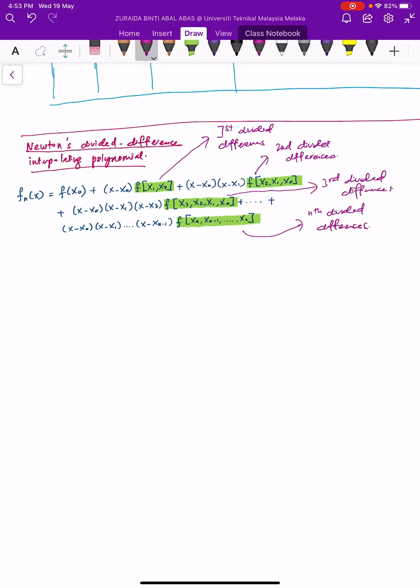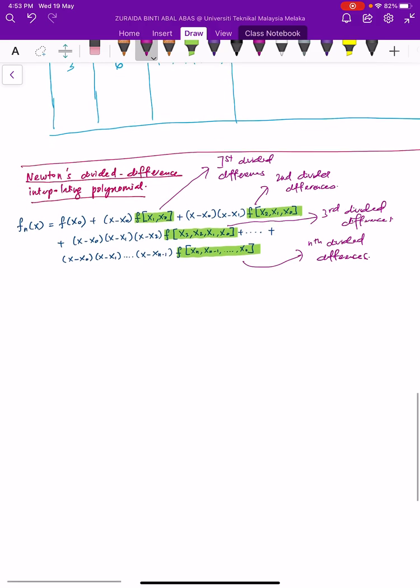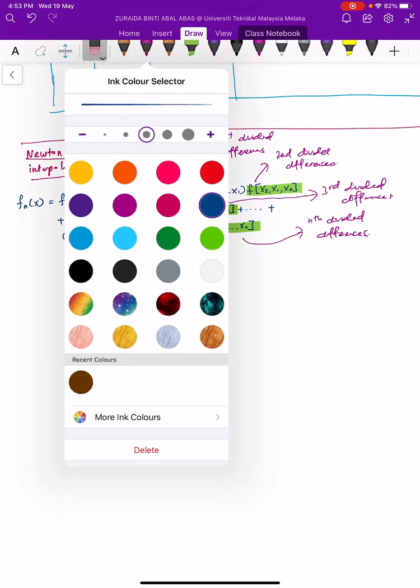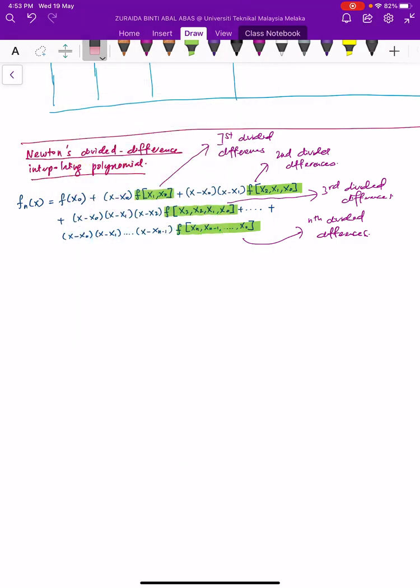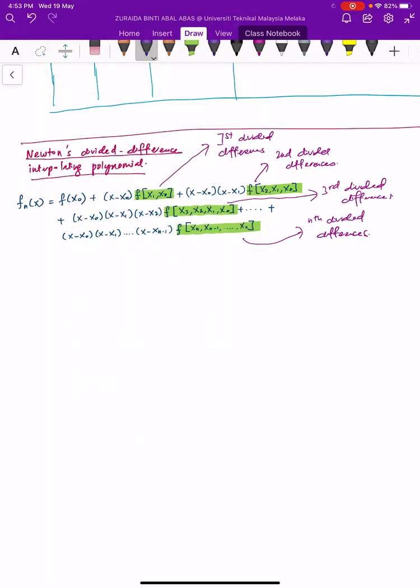Before that, I think I need to show you how to get these first divided differences. In order for us to find the first divided difference, this is the formula for it.